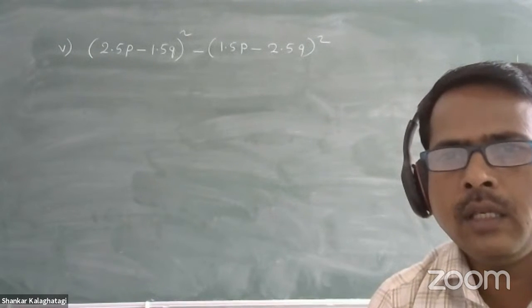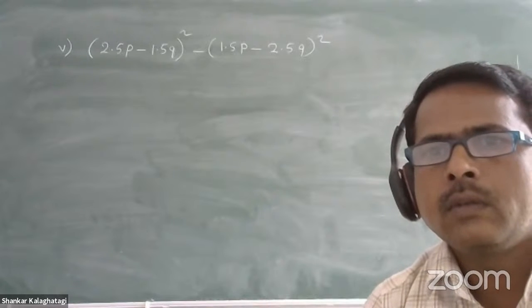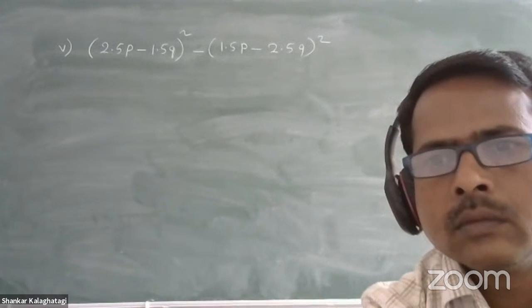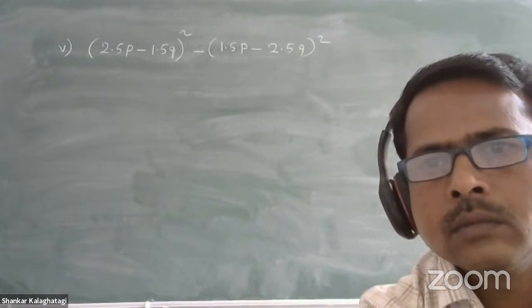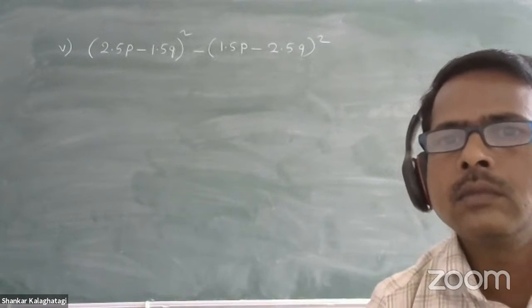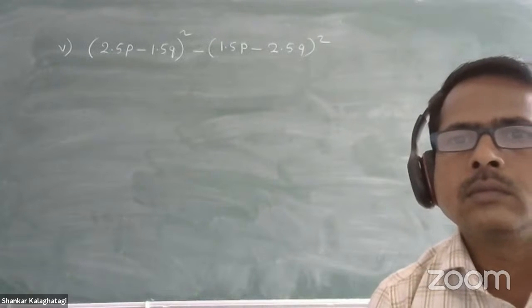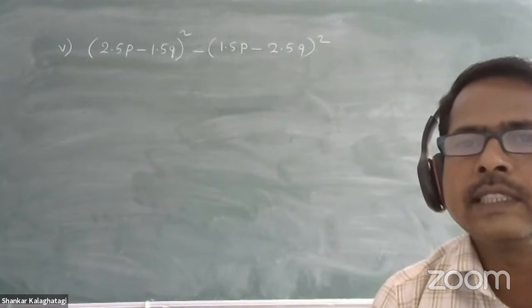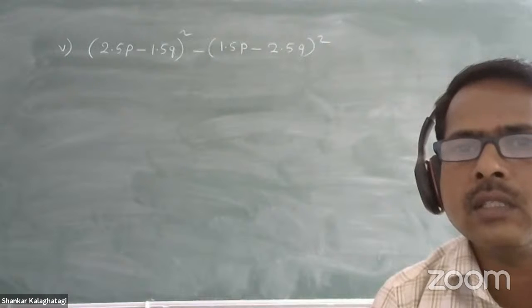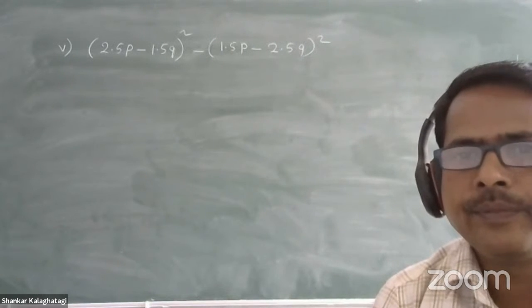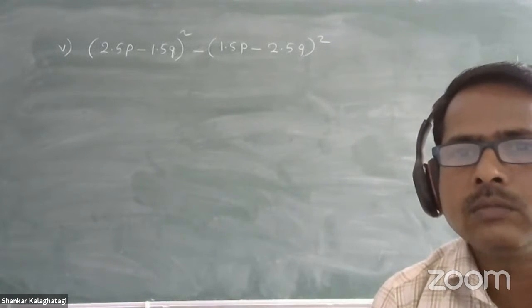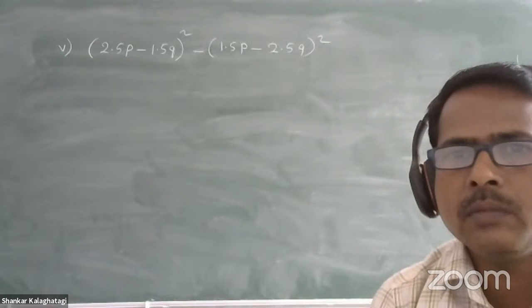Is it Barikai? No, sir. Two Akashes are there, Akash Masale and Akash Barikai. Then how do I understand if they write only Akash? They should write whether this is Akash Masale or Akash Barikai.